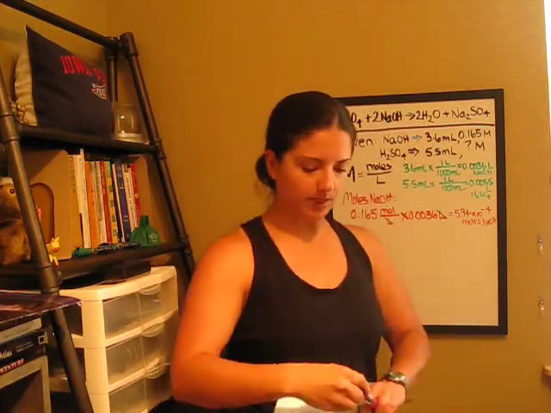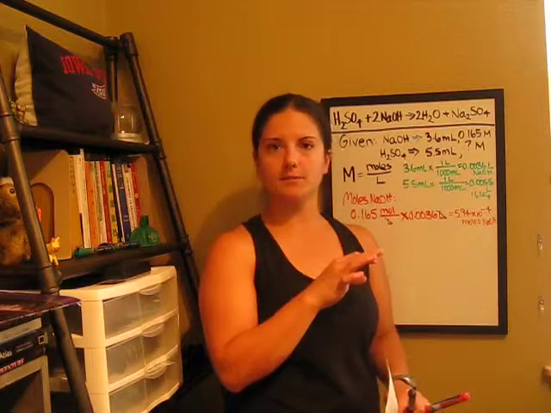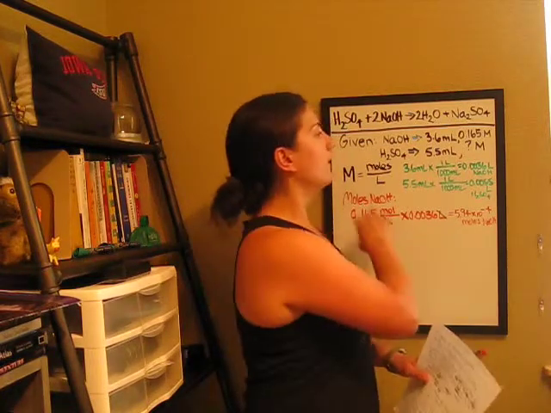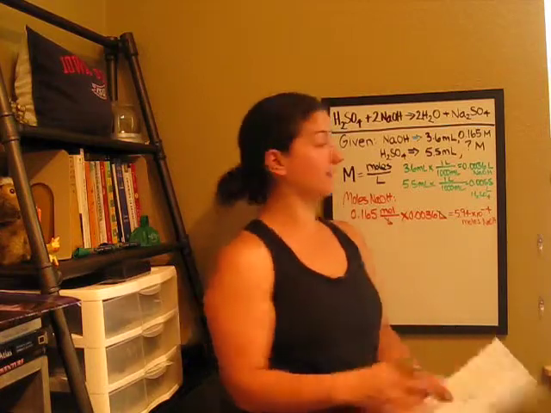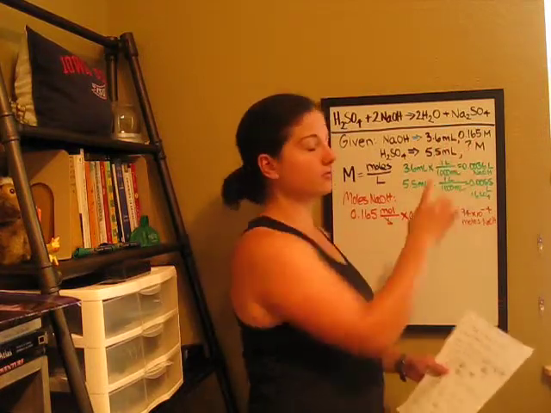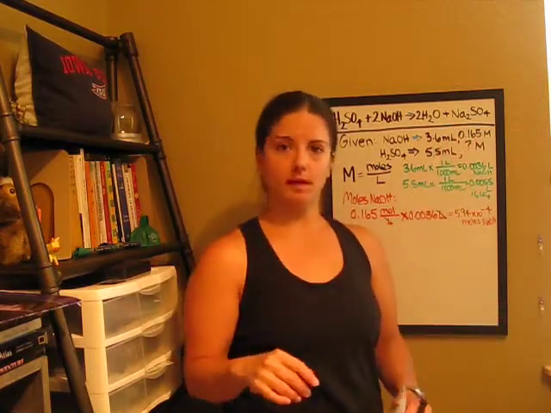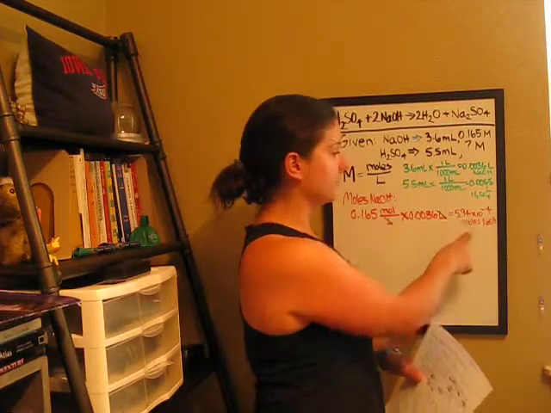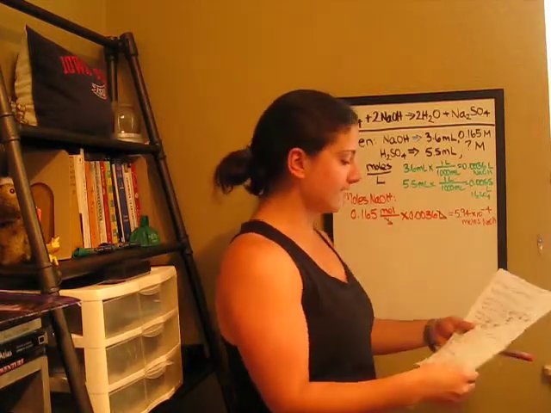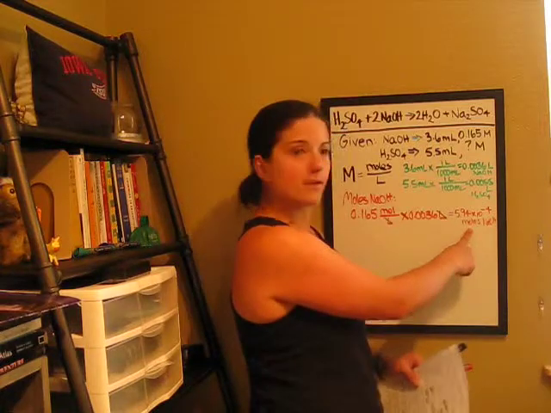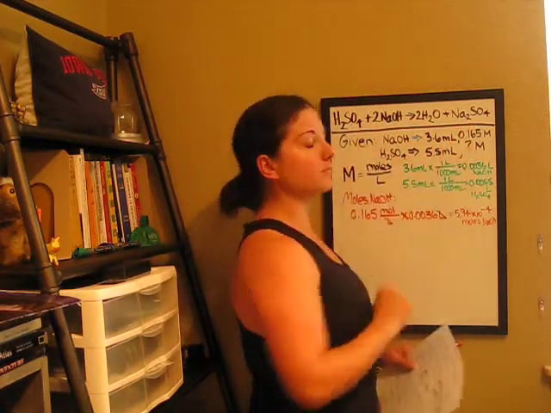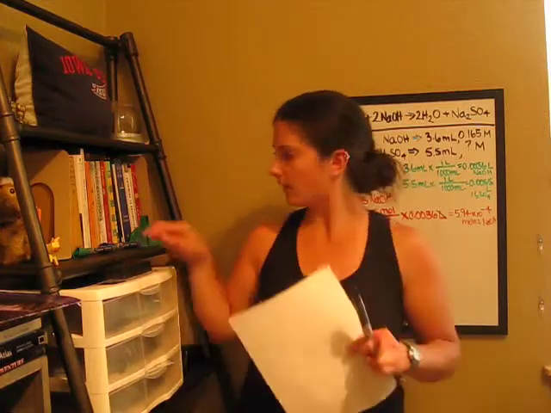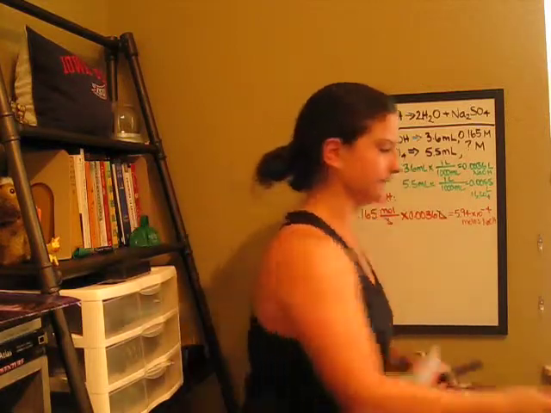So that's one easy way to approach these acid-base problems if you're ever confused. The first thing to do is see if you can solve for the number of moles of something. If you're given a volume and a concentration, all you have to do is multiply them and you get the number of moles. Next, we can take this moles of NaOH and use our chemical equation to solve for the moles of sulfuric acid. I'm going to do that in a different color.